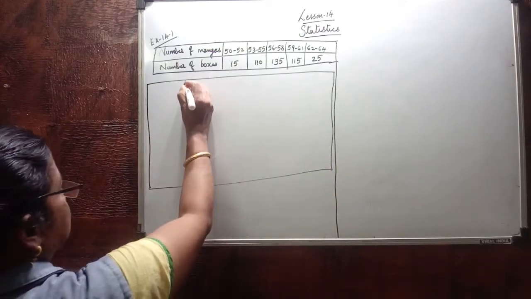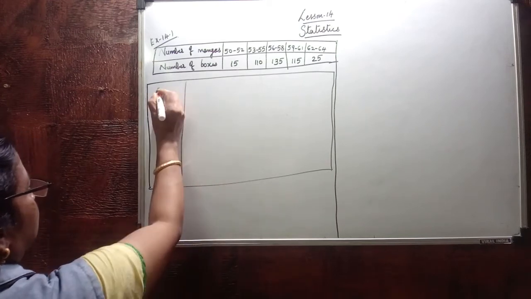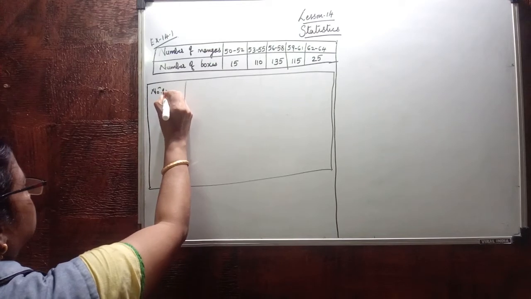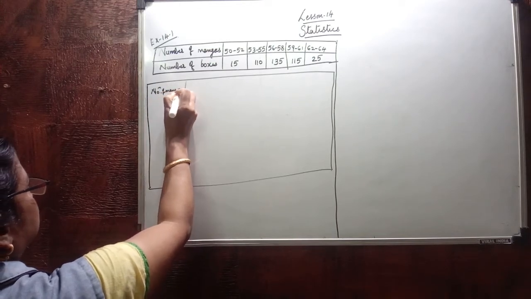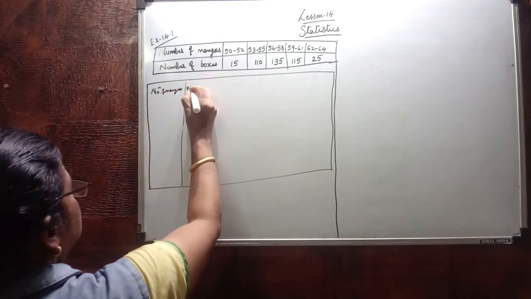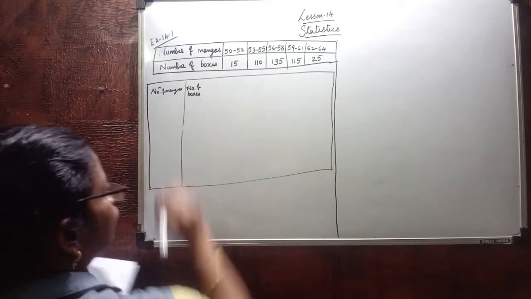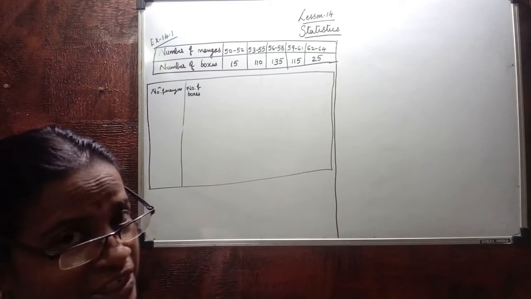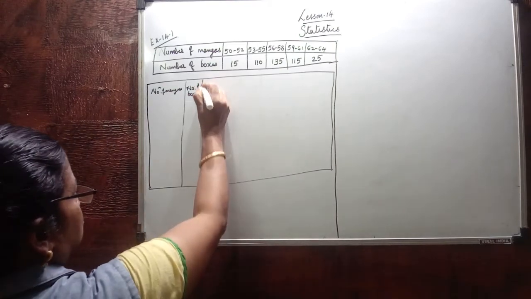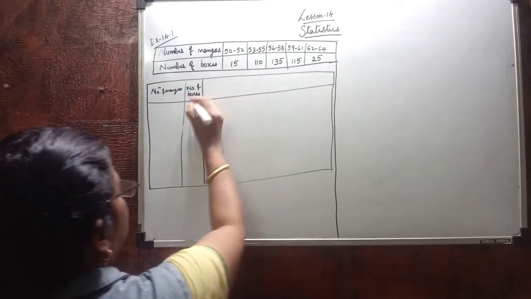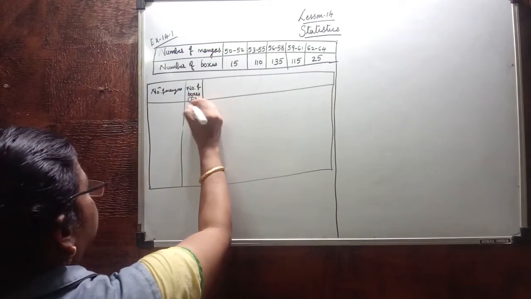So here it is: number of mangoes, then number of boxes. For the step deviation method, we need 6 columns. Here it is Fi.